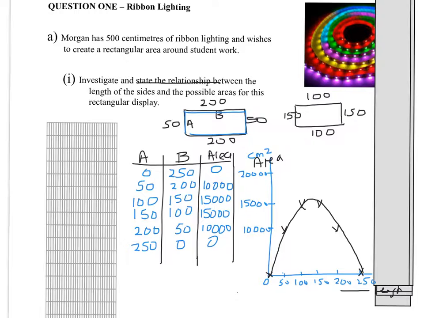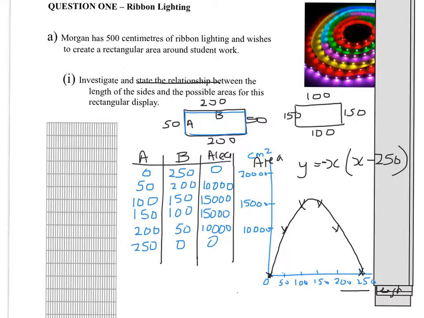So we know that our two intercepts there are y equals x and x minus 250, and that will be a negative because it's a sad face, upside down. Okay, so there's my equation, and investigate between possible areas.